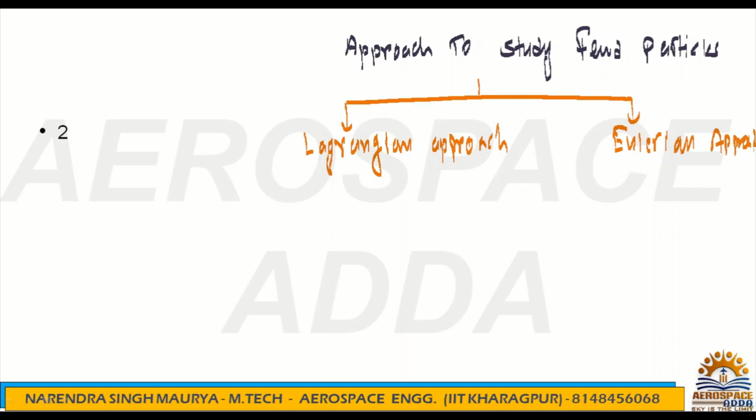How do we identify which one is the Lagrangian approach and which one is the Eulerian approach? The best example I will give is a bike check. In one way, the policeman stays at a particular point, simply standing there, and all the bikers or vehicles go in front of him.